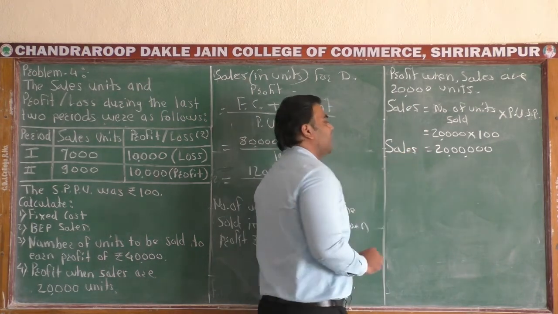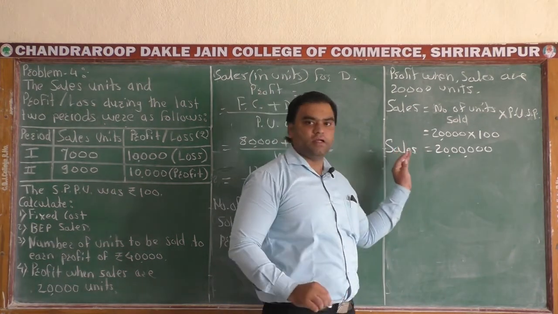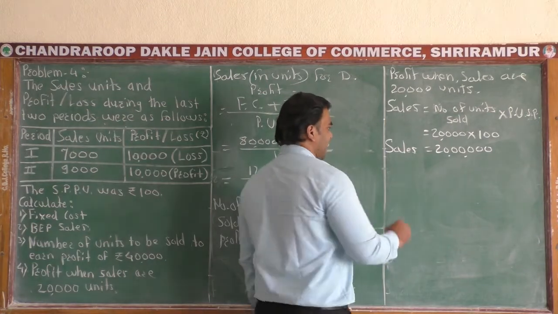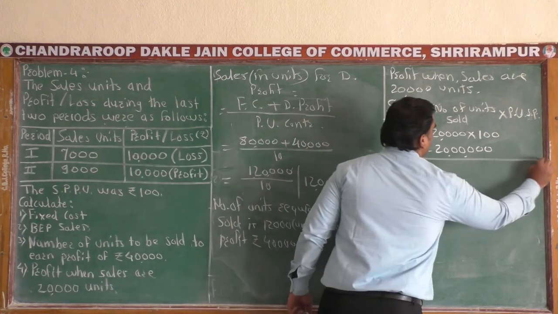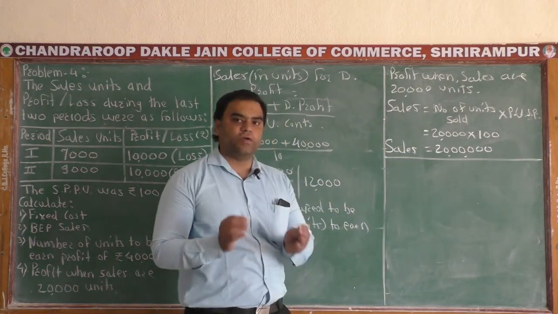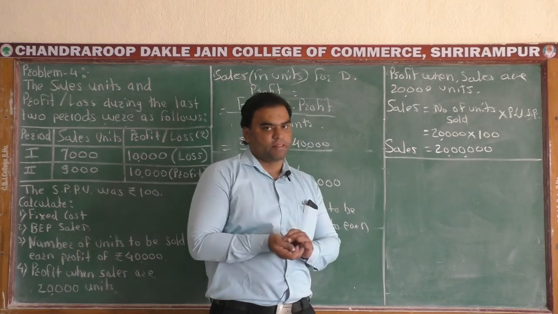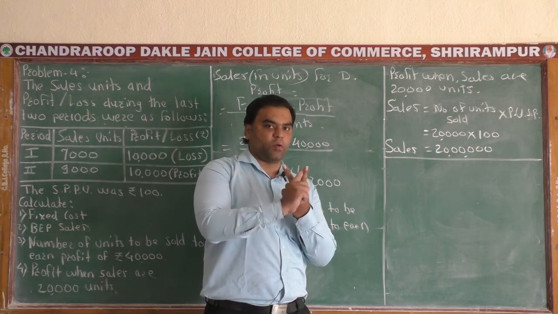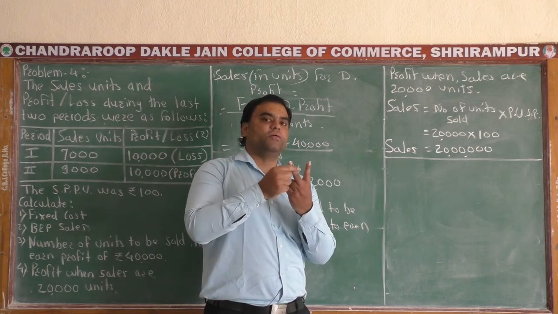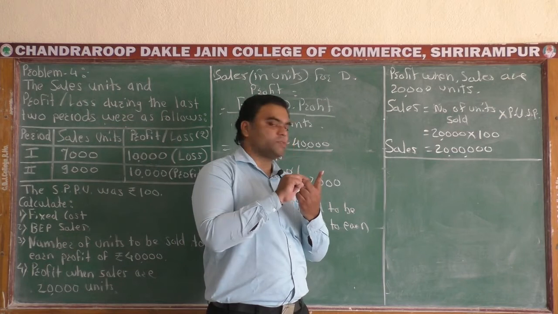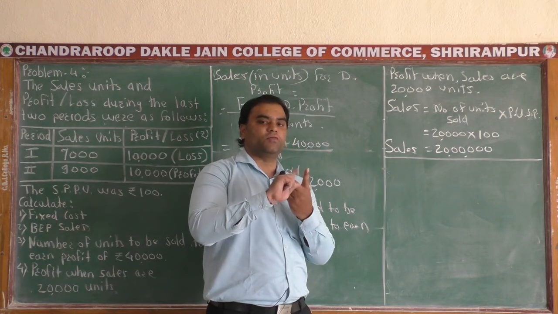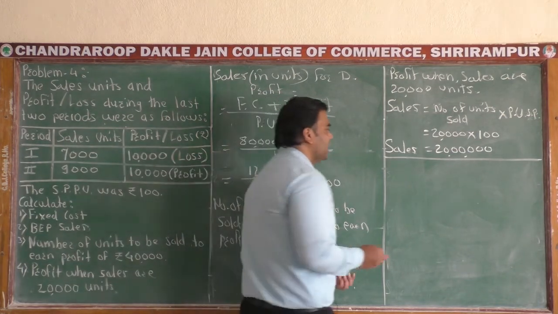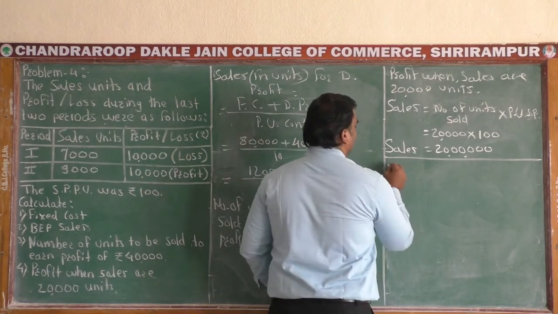So what will be the amount of profit when the company's sales is 20 lakh? We have calculated sales. Now we have to calculate contribution. As we know, contribution includes two items, fixed cost and profit. When we deduct the amount of fixed cost from the amount of contribution, then profit will remain. In that way we can calculate the amount of profit.